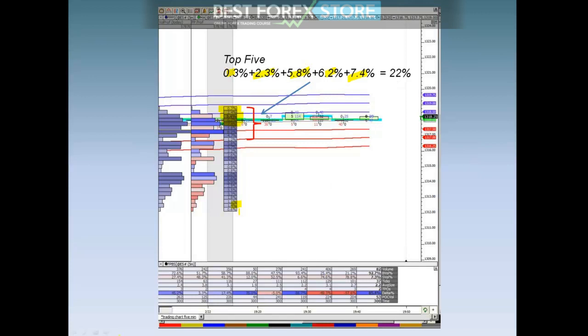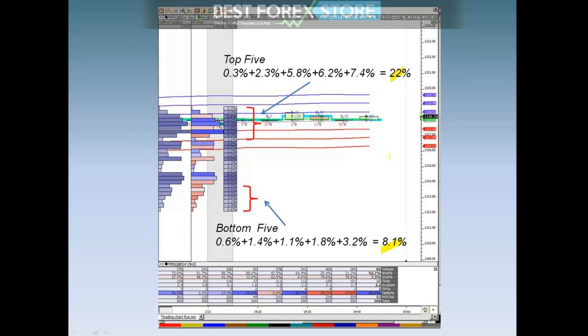Now, what I'm going to do now is I'm going to drop down and do the same exact thing for the bottom 5. And once I come up with the two totals, I compare them. And in this simple comparison, I ask myself one very easy question. Where is the market facilitating trade?